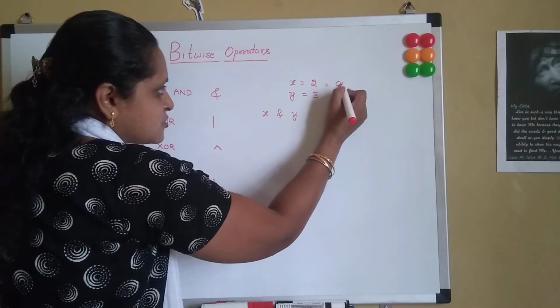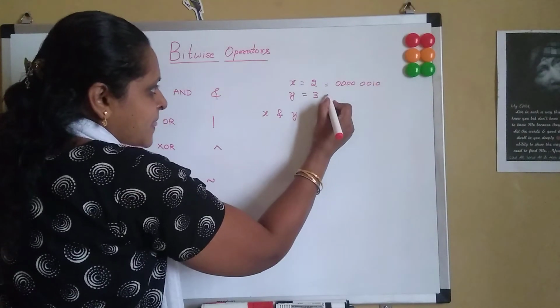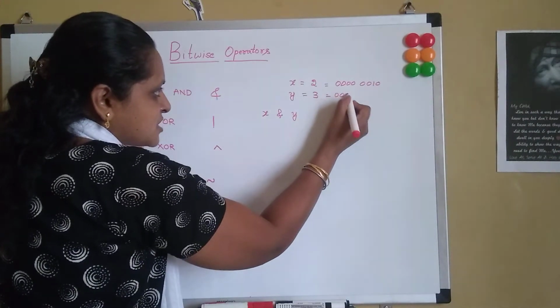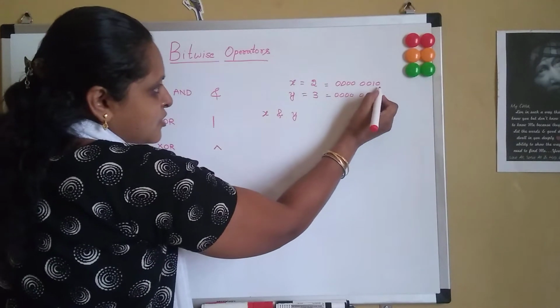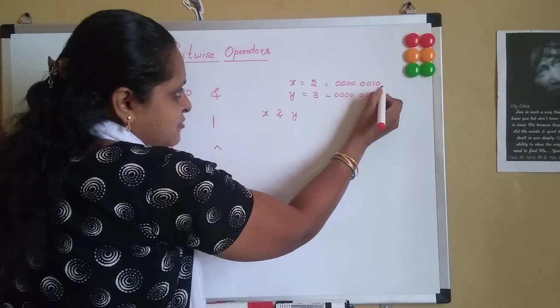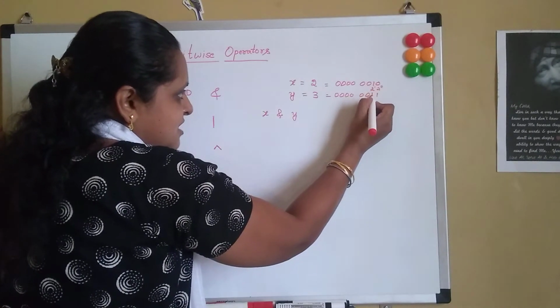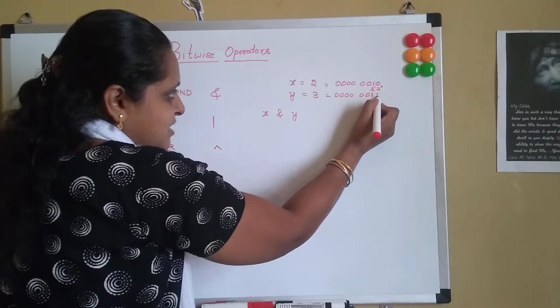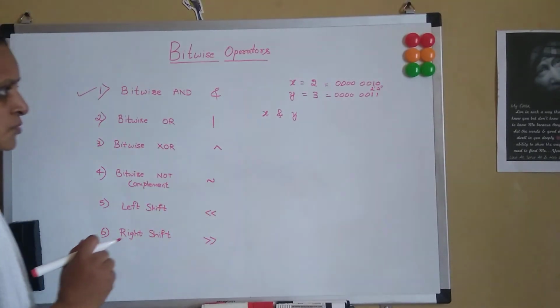So 2 will become 0 0 0 0 0 0 1 0. 3 will become 0 0 0 0 0 0 1 1. Because this position is 2 to the power of 0, which is equal to 1, and this is 2 to the power of 1, which is equal to 2, so 2 plus 1 is 3. Here it is having just 2 power 1, so it is 2.